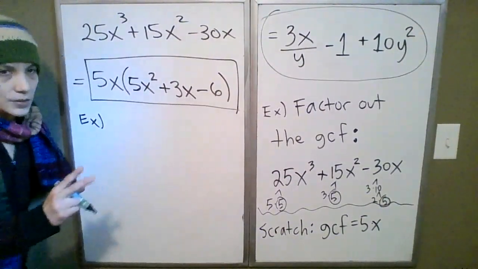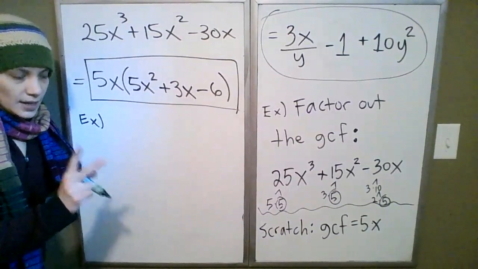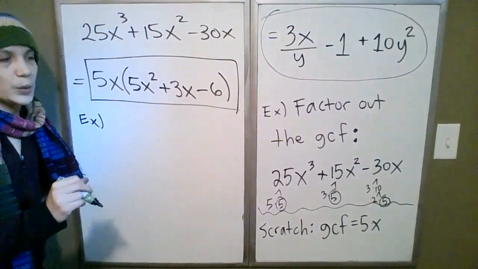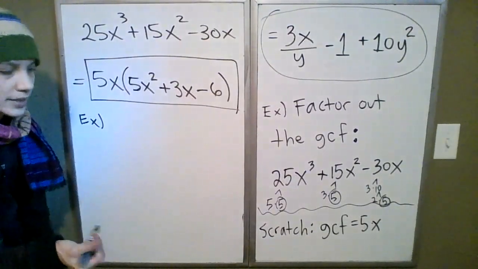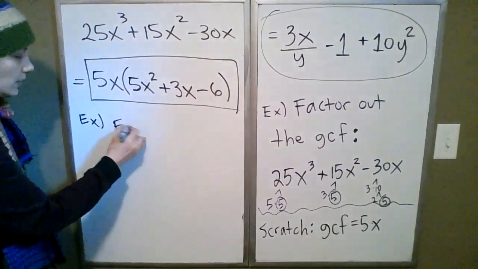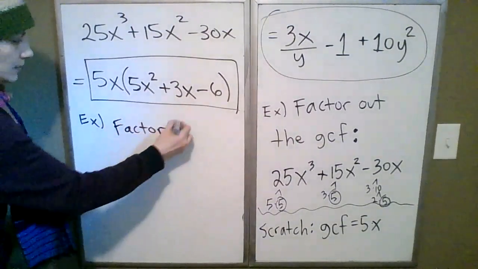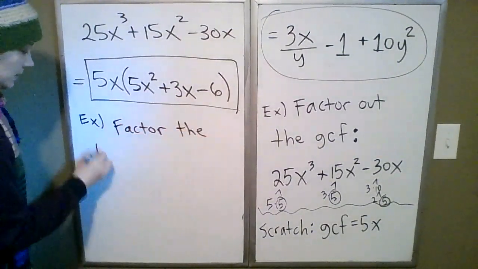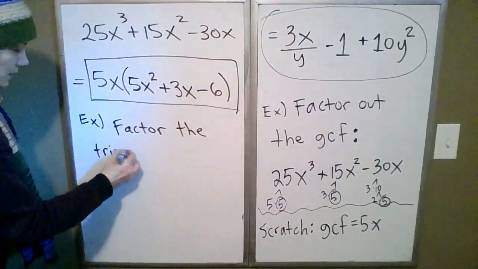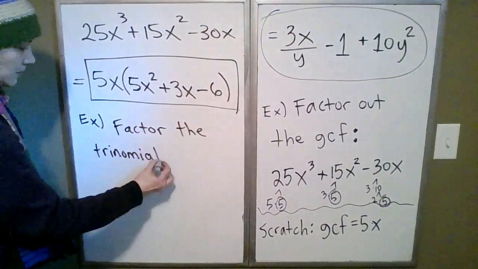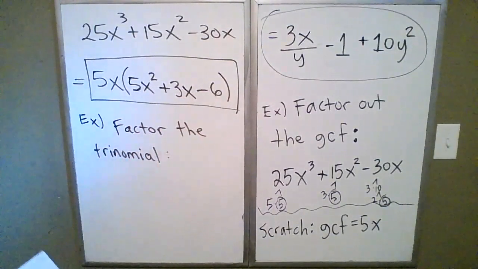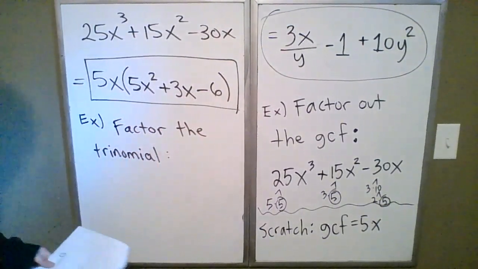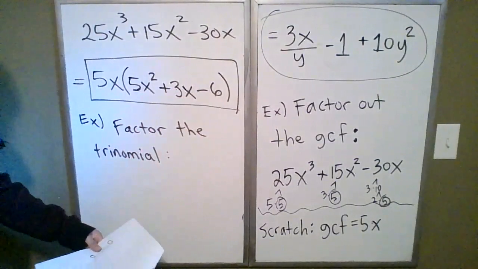Okay, so we're going to do 2 of the kind where it says factor a trinomial. One way we'll use a diamond, and one way we'll use a grid. It's x squared minus 7x plus 6.